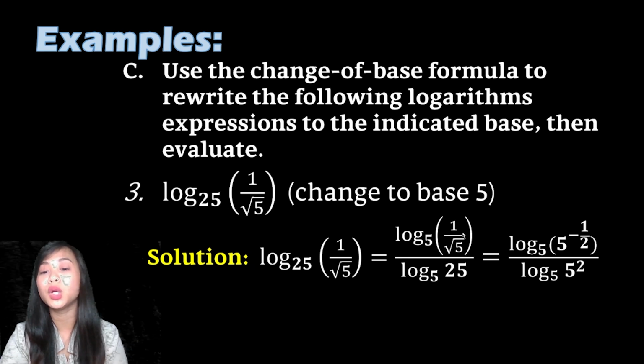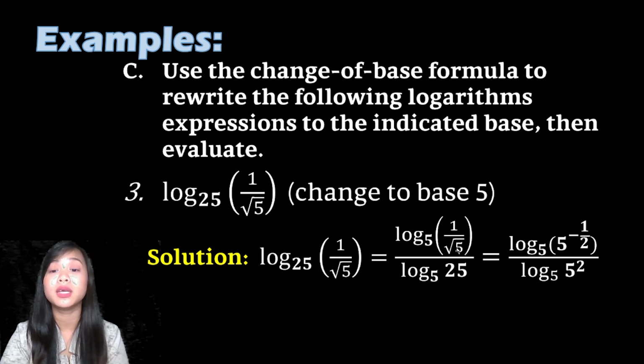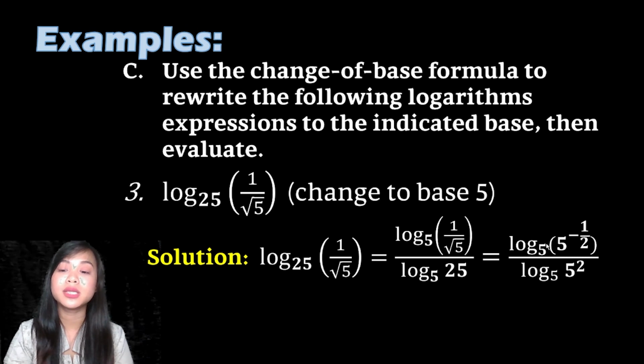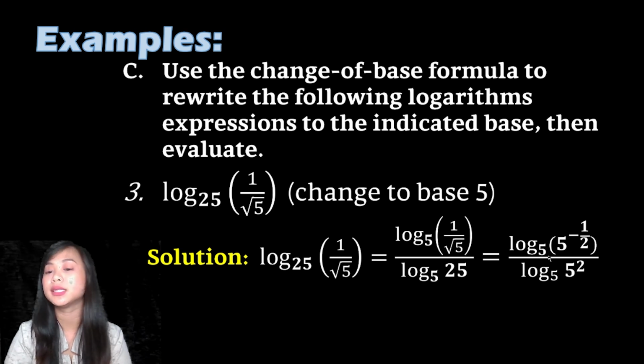So 1 over square root of 5 is also the same as 5. Square root of 5 is also the same as 5 raised to 1/2. So this exponent is 1/2, when we recall the radicals and the indices. So since it's in the denominator, when we bring it to the numerator, it will become a negative exponent.